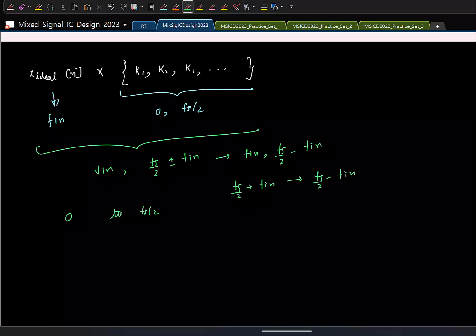Both are the same. So if I look at the spectrum now, if this is 0, I'll get a tone at fn. That is what you expect. And let us say this is fs by 2. I'll also get a spurious tone at this frequency. What is the spacing of this? That is also fn. Because of this, it is also called the image frequency.